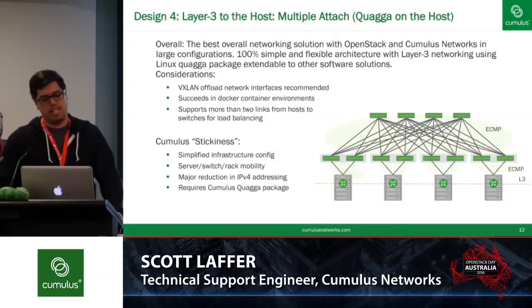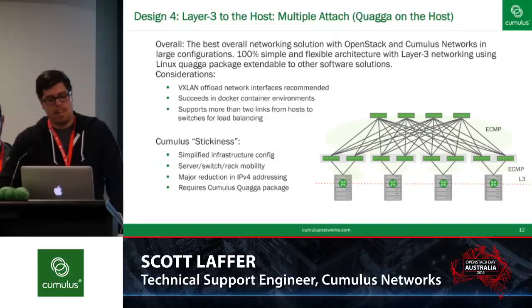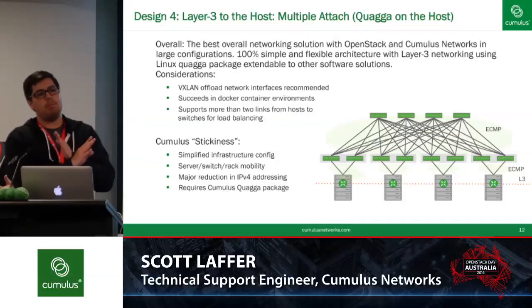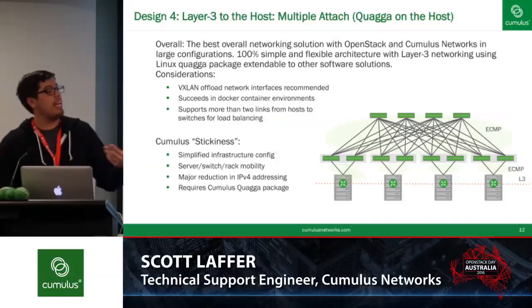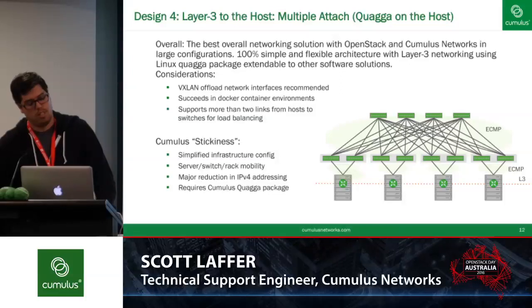In this scenario, instead of having single attach, we can have multiple attach. And we can have N-way, rather than with the MLAG scenario having only 2 possible uplinks; we can have 3-way, 4-way, 8-way, depending on your requirements. And if we ever lose a switch, we only lose 1/n of that bandwidth.